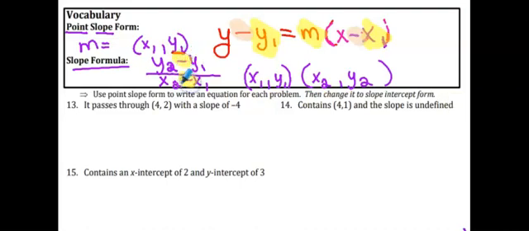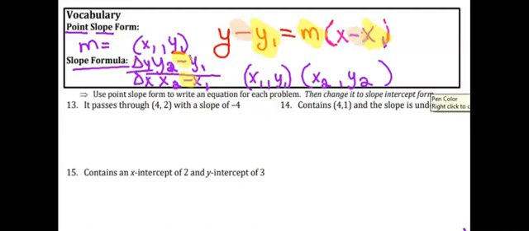And make sure you have y over x. Remember, the change in y over the change in x. So I have my 2's in a row, and I have my 1's in a row, if you need to find the slope of something.